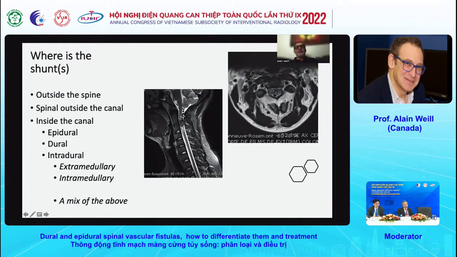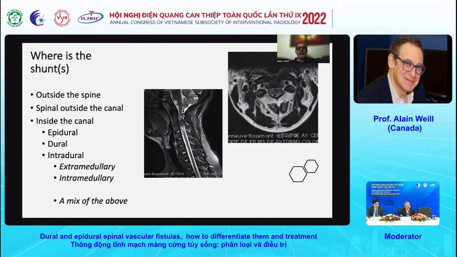Okay, so the shunt could be actually outside the spine, or some call it paraspinal, at the level of the spine, where it could be outside the canal, basically at the level of the vertebra, or inside the canal, which could be actually epidural, dural, or intradural.